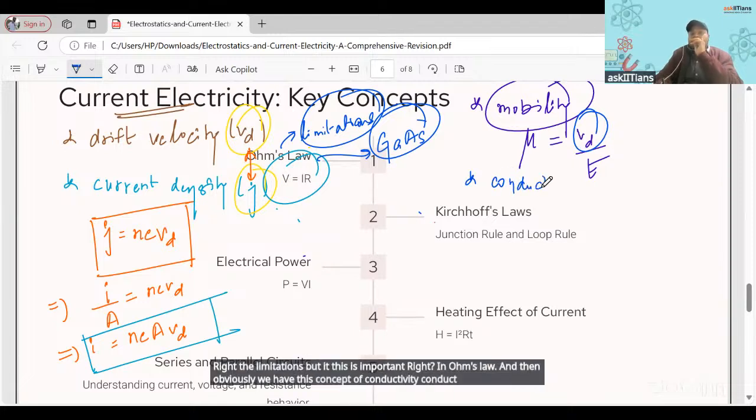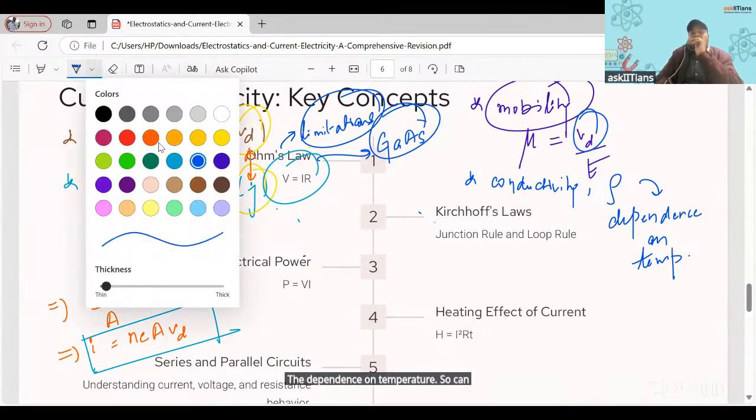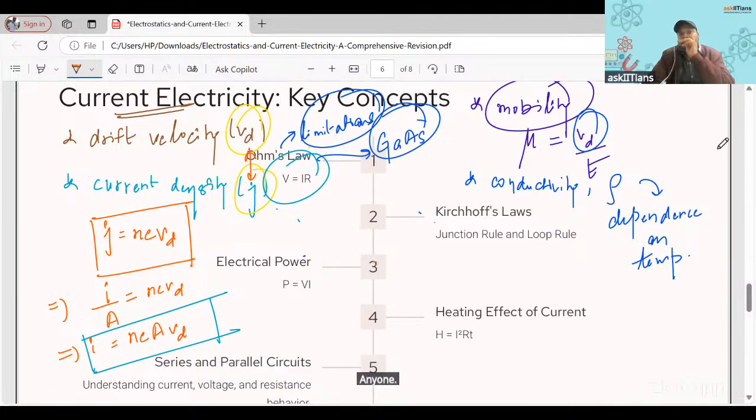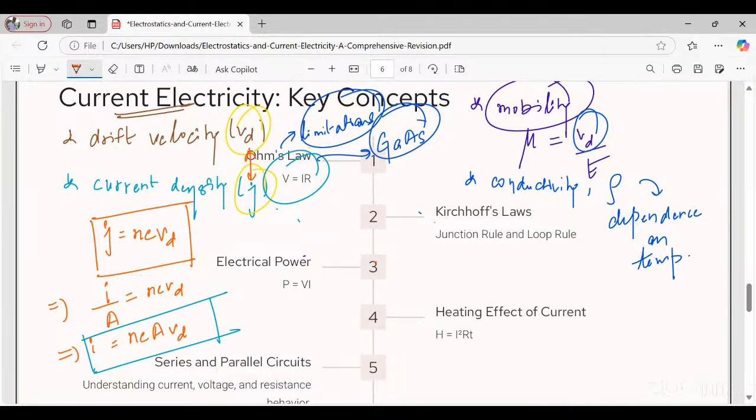And then obviously we have the concept of conductivity and resistivity, and their dependence on temperature. This question generally comes: if I increase the temperature of a conductor, does the resistivity increase or decrease? What do you think?